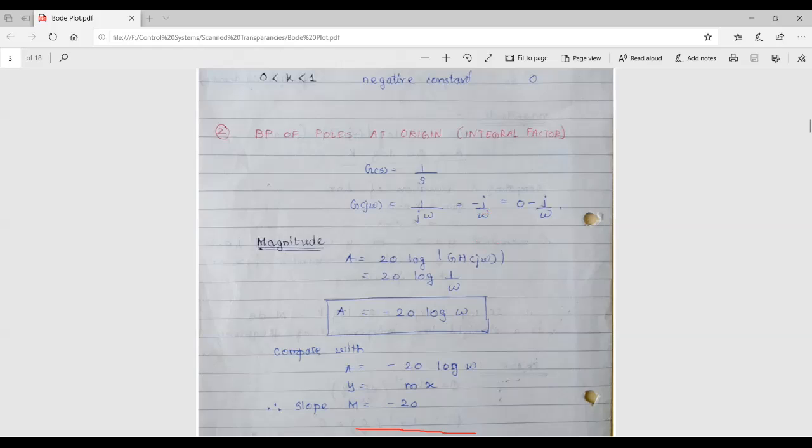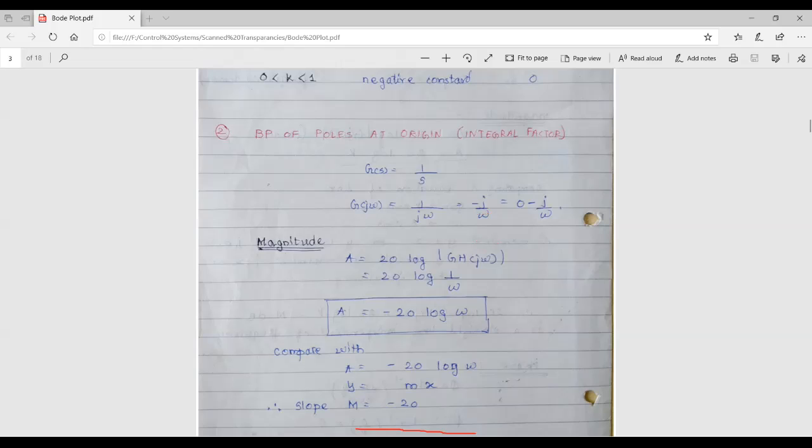Now in this case, s is replaced with j omega. So you have 1 upon j omega. This can be written as minus j upon omega, that is equal to 0 minus j upon omega. This is nothing but 1 upon j converted to a minus sign.